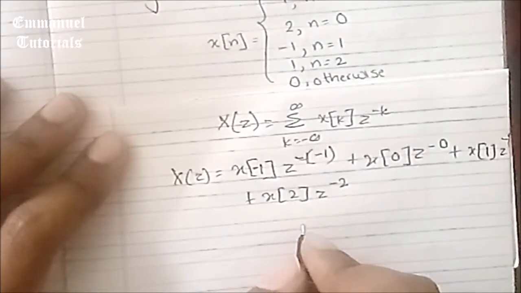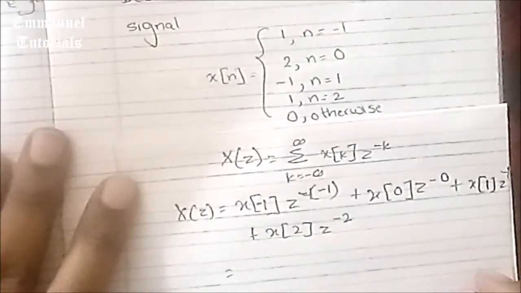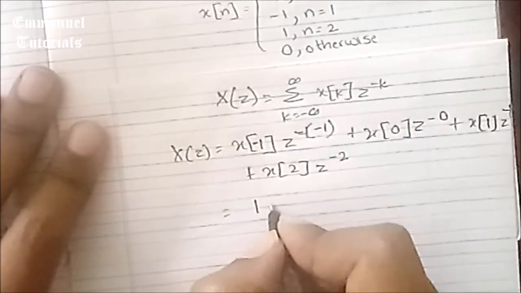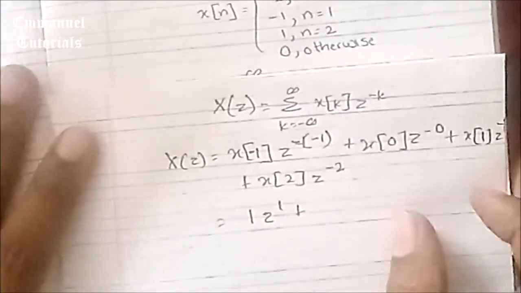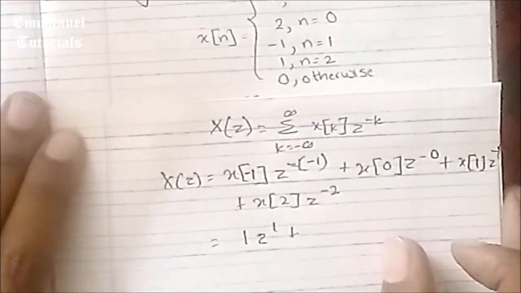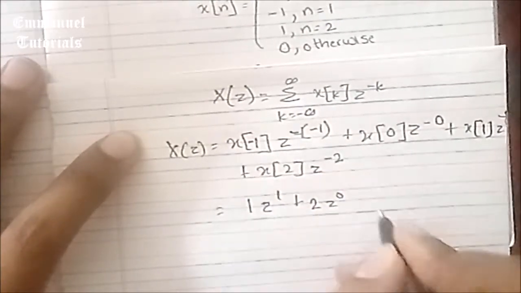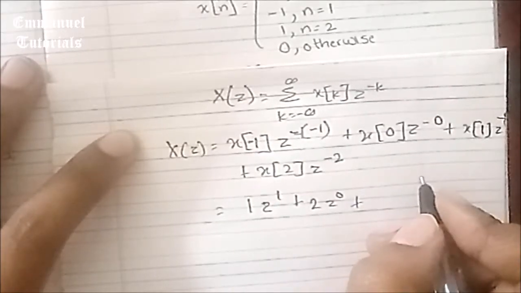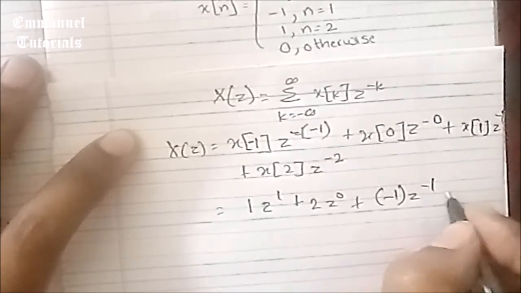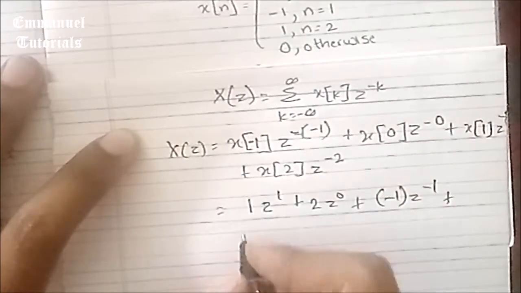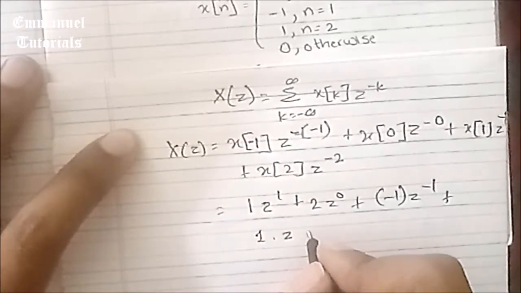Now we have the values of the signal at each of the points. At -1 the value of the signal is 1, so it will be 1 into z raised to 1 because minus into minus is plus. x of 0 is 2, so 2 into z raised to 0, plus x of 1 is -1, so -1 into z raised to -1, plus x of 2 is 1, so 1 into z raised to -2.